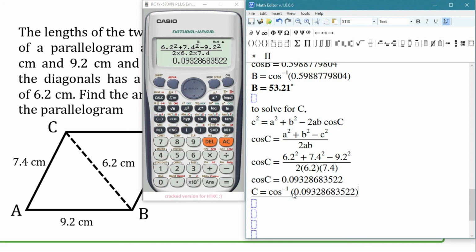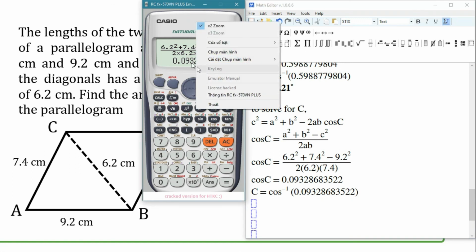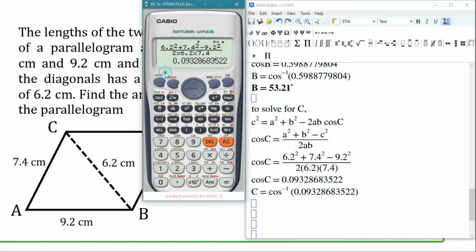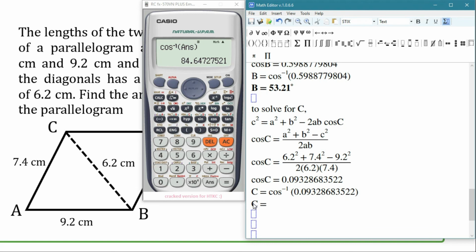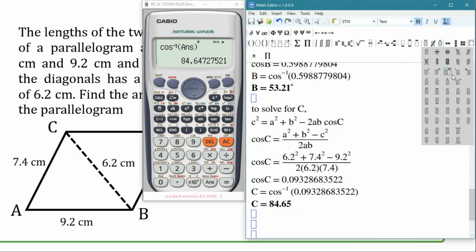Alright. So, wag muna nating i-reset ang calculator. So, that's shift cos of the answer a while ago. So, we have 84.65. So, the measure of angle C is 84.65 degrees. Alright. So, that would be the value of angle C. Do not forget the degree sign.